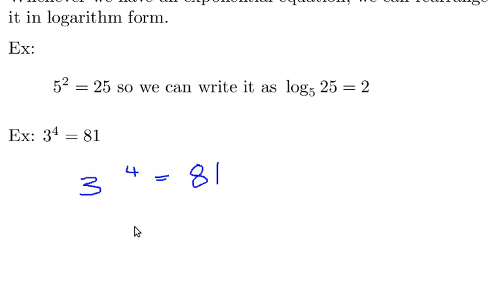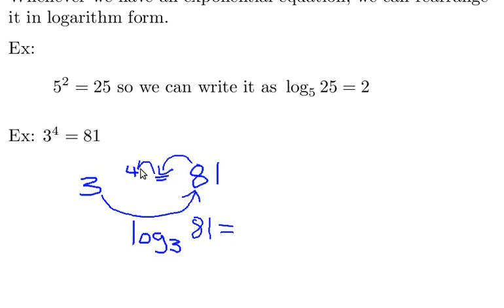I start out with log, because I want to put this in logarithm form, and the base is going to be the same. It's going to be 3. Then we go counterclockwise, so we go over to 81. So log base 3 of 81, and then keep going counterclockwise, equals 4.